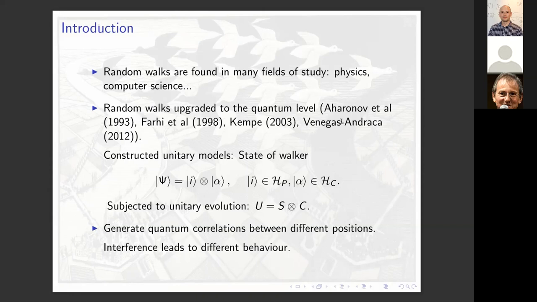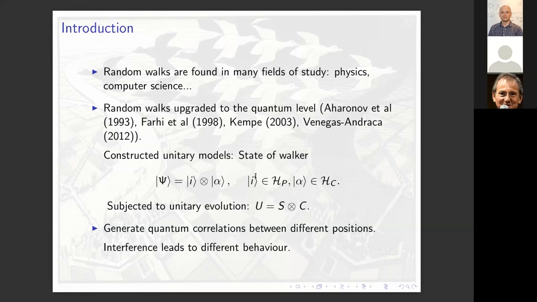Typically, what is done in some of these models is that they construct unitary models. So you have a state of the walker given by this expression here, a tensor product. This state |i> is an element of a Hilbert space, and it labels the position on some underlying graph or lattice, the graph on which the walker is moving from site to site.